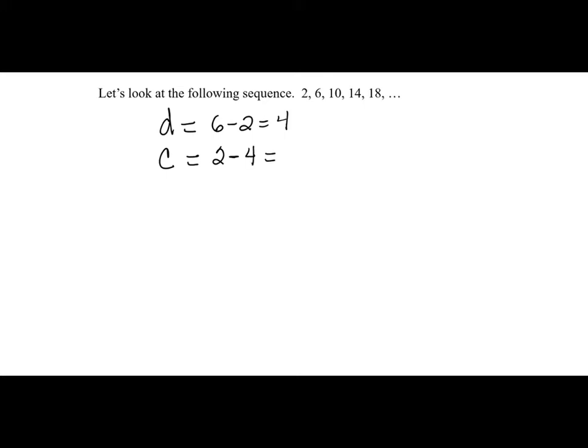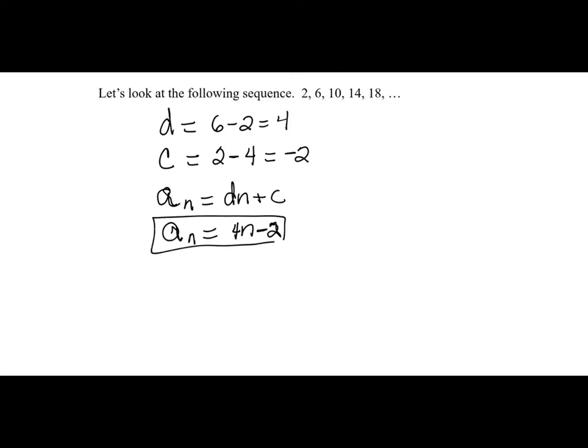So 2 minus 4 is negative 2. Now I put them together: a sub n is equal to dn plus c, so a sub n is equal to 4n minus 2. And that is my nth term.